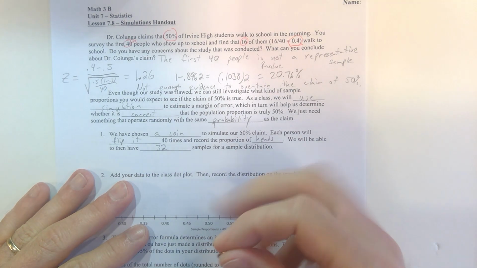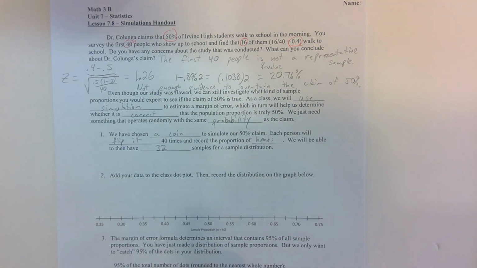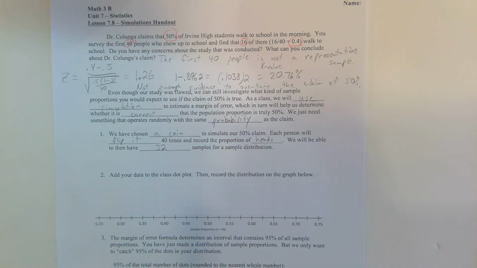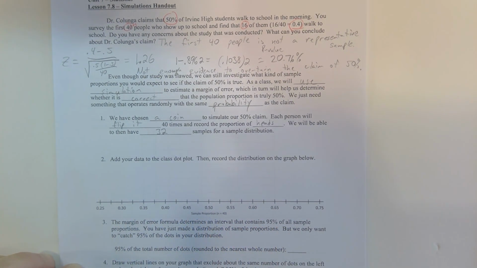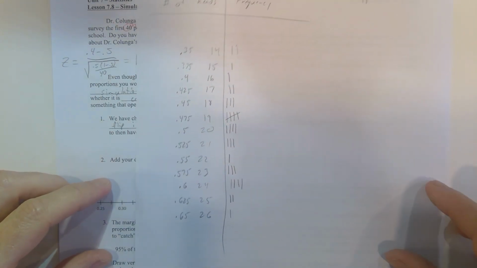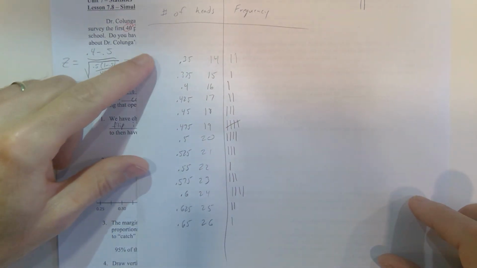And I would continue doing this 40 times, and keep track of how many heads I got. Then everyone else in the class would do the same thing, and we would add all of our data together to make a nice graph. Well, obviously, I'm the only one here, so I did this 32 times, and here are my results.